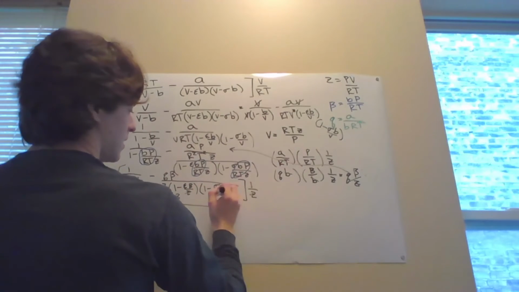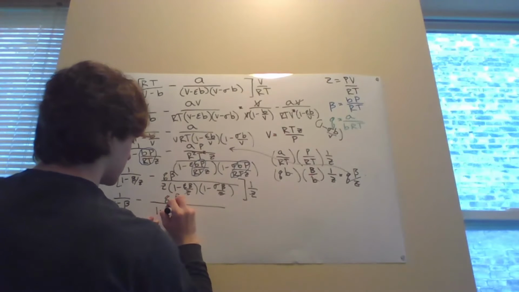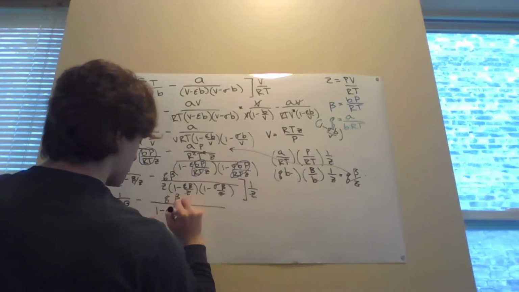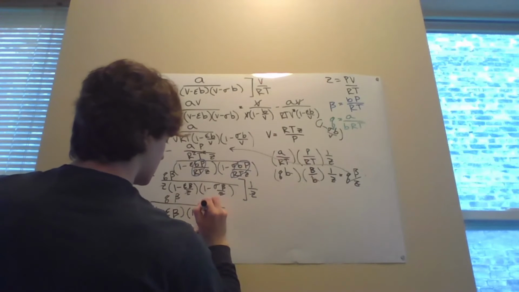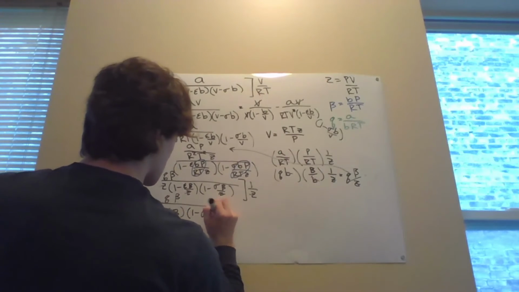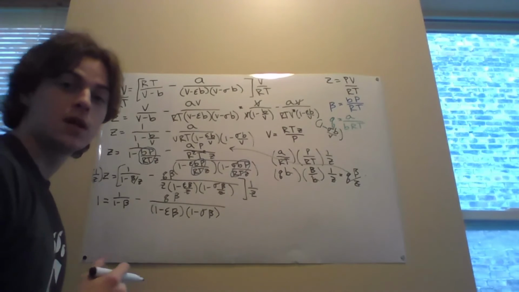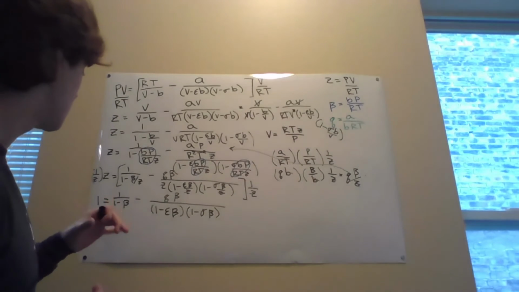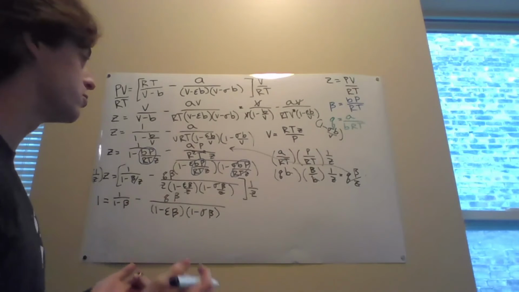This Z will cancel out one of these. And so we'll be left with 1 minus epsilon beta times 1 minus sigma beta in this denominator. And then from here we can get a common denominator and begin to group our like terms.